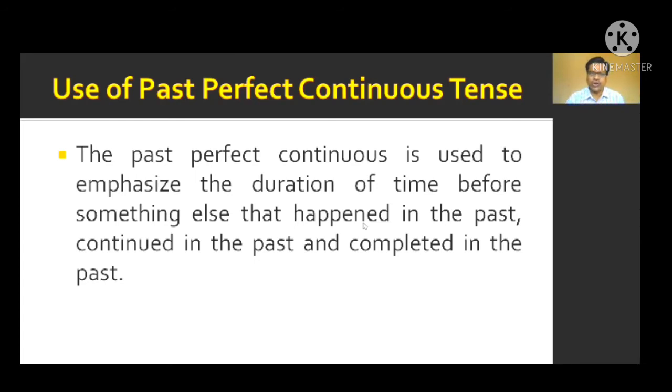So the use of past perfect continuous tense generally emphasizes the duration of time before something that happened in the past. It continued in the past, it means it was progressive in the past, and the action also is completed in the past itself.